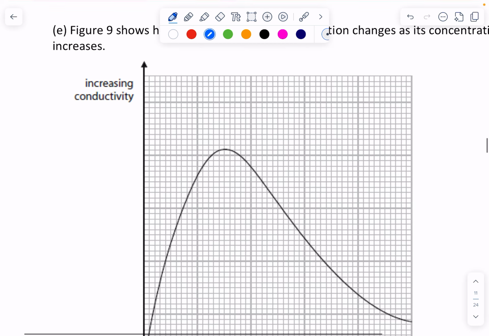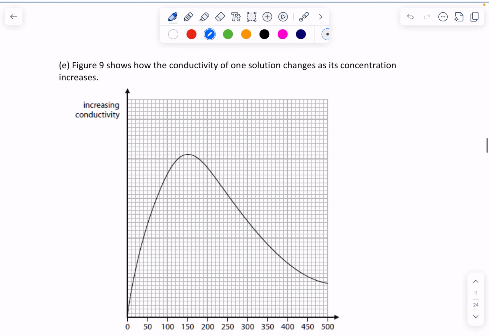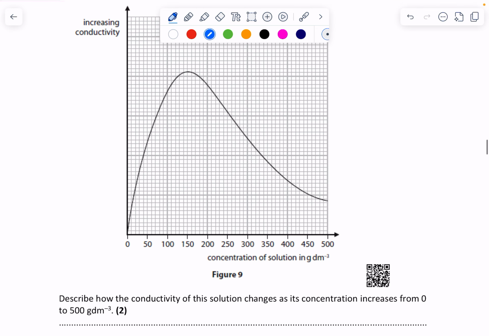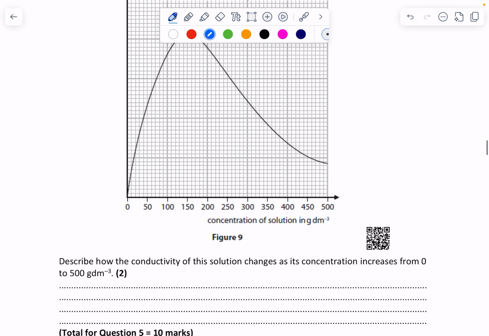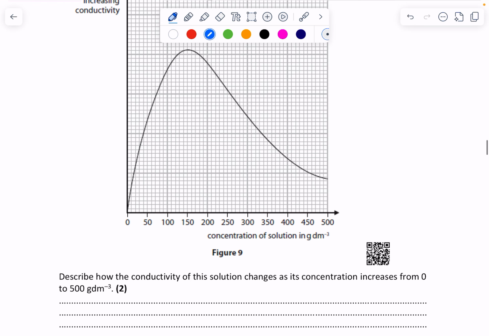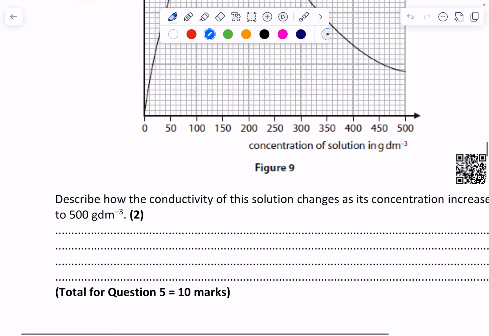Okay, and the last question here, figure 9 shows the conductivity of a solution as the concentration changes. Describe how the conductivity of the solution changes as it goes from 0 to 5. So what we need to do here is, in general, it increases and then decreases.